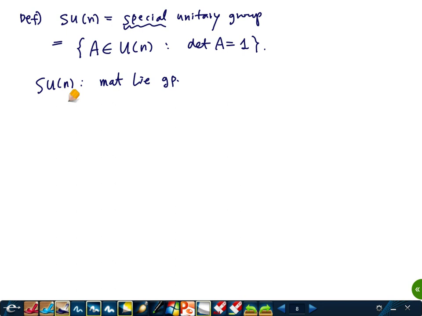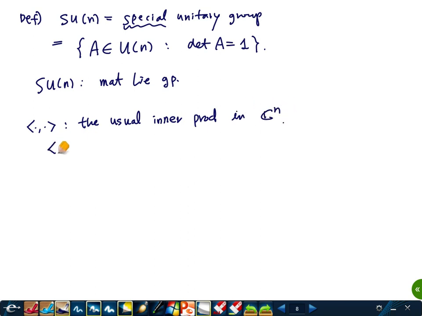Let's consider another property of the unitary matrices. So we need to introduce the usual inner product in C^n, say.